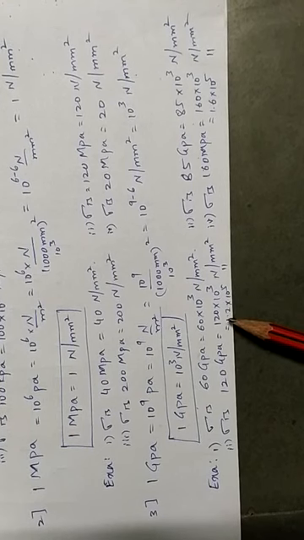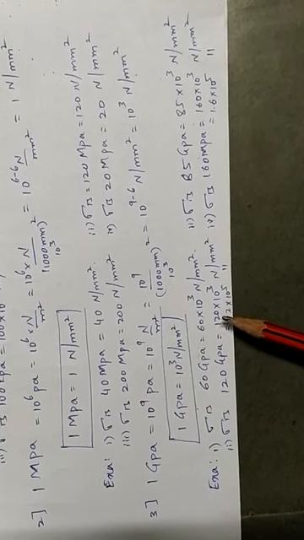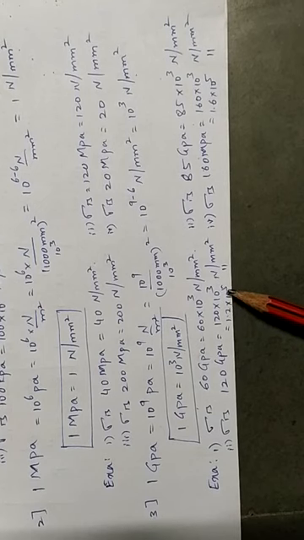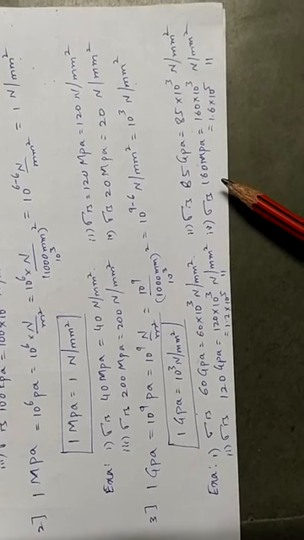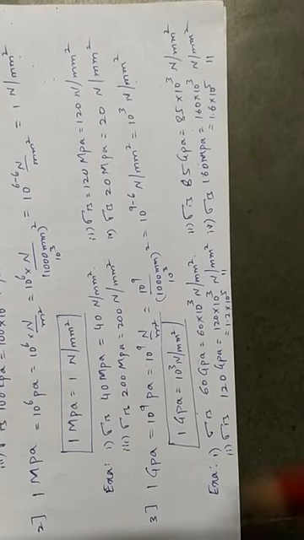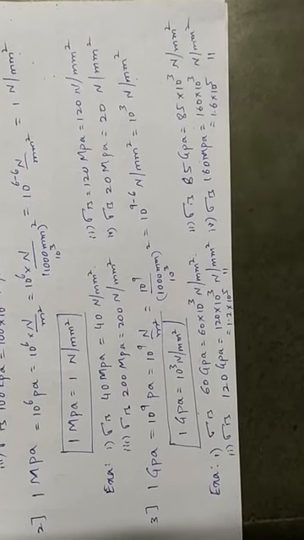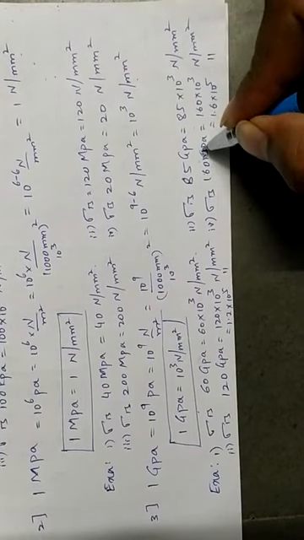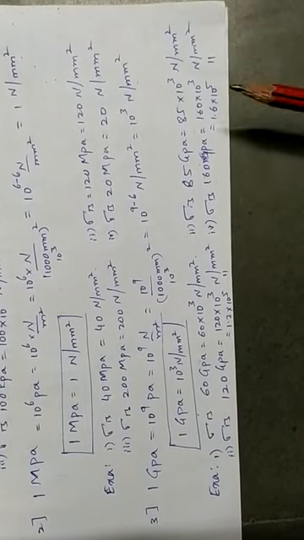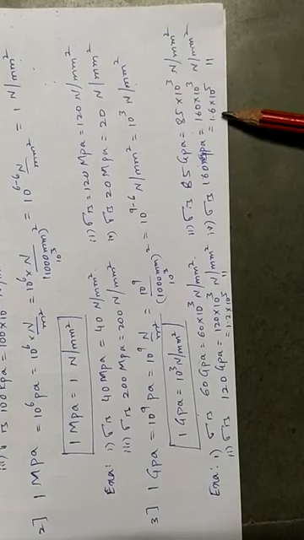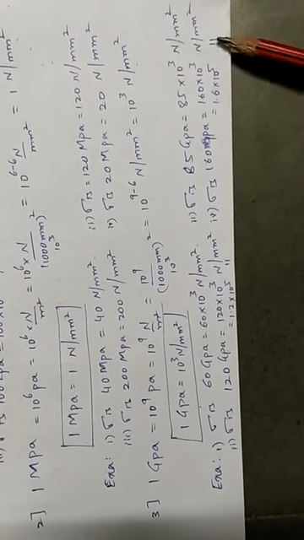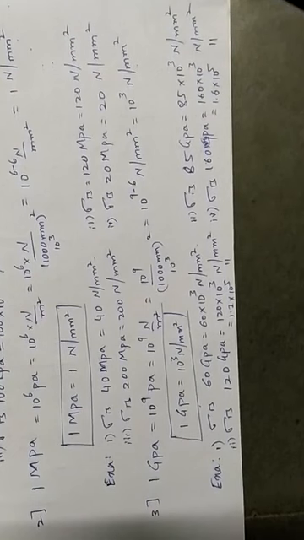Here you will not get confused. It is very simple. If your reading is 160, sorry, it is GPa, not MPa. 160 into 10 raised to 3 Newton per mm square, that is 1.6 into 10 raised to 5 Newton per mm square.